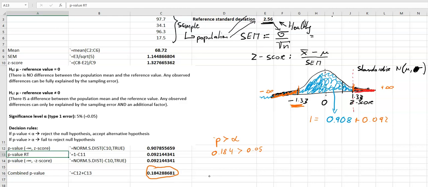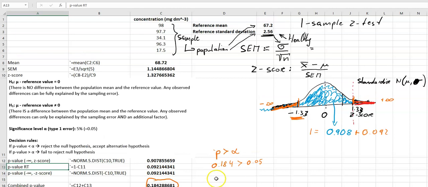We fail to reject the null hypothesis, so we can say there is no difference between the population mean from which the sample was taken and the reference value.